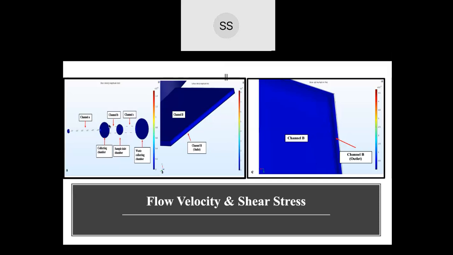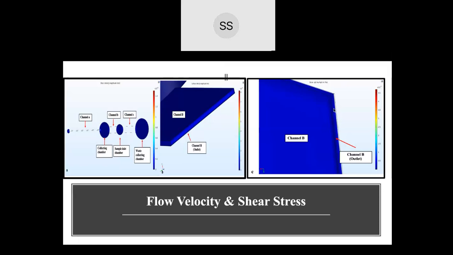Image B is a cross-sectional image of channel B, where you can see a little bit higher velocity is present, which actually helps isolate the healthy sperm cells from the non-healthy sperm cells. And image C is the profile of shear stress, where you can see the shear stress is higher against the wall and a little bit lower in the center.